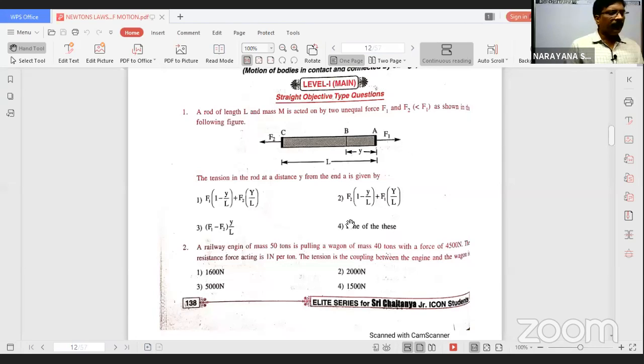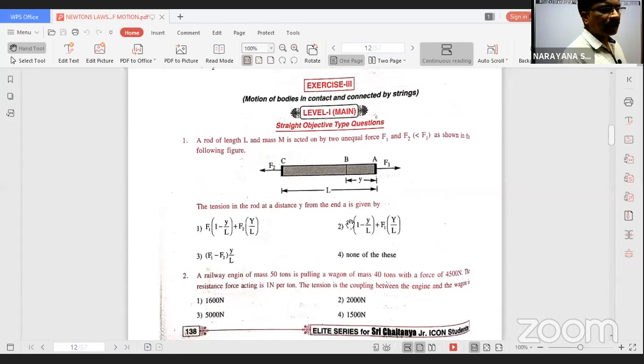All of you see page number 138, problem number 1. Already I said in the class, I think you have completed. That is directly, I derived the formula also. Page number 138, exercise 3, problem number 1, already I completed in the concepts only.